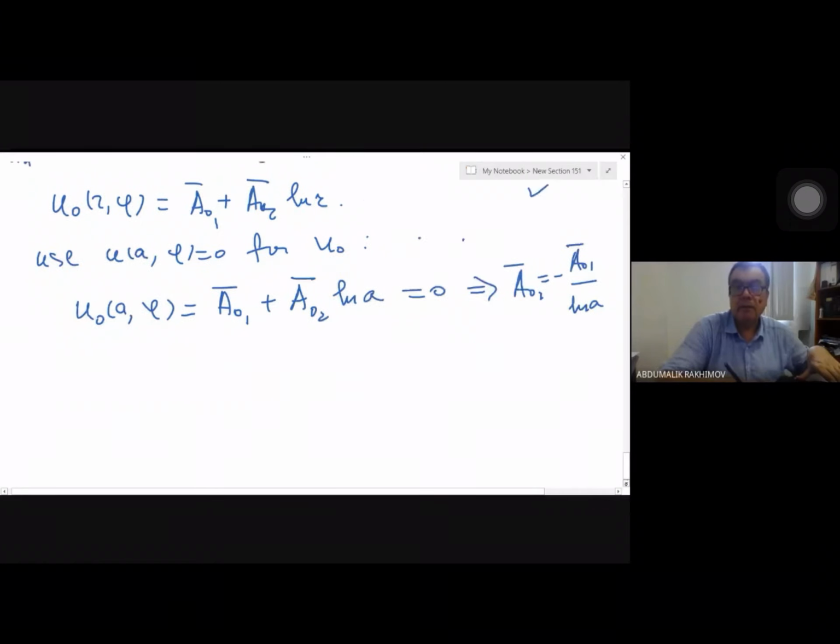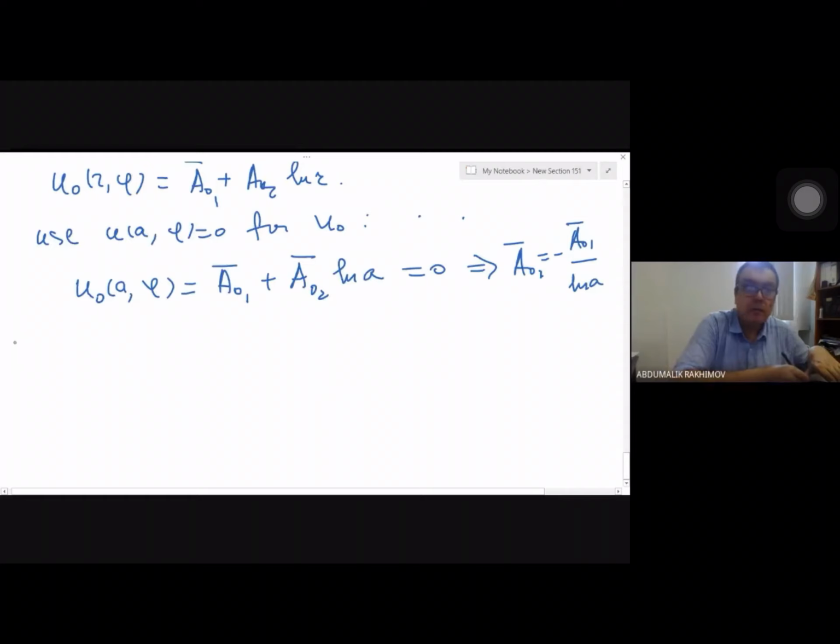Then u0 r phi, if you substitute here, is equal to a01 plus minus a01 over ln a, ln r.